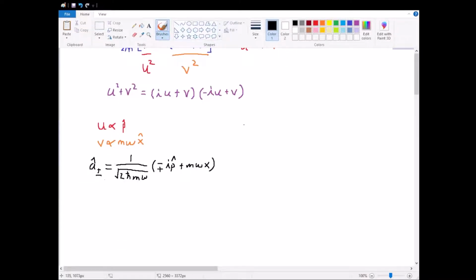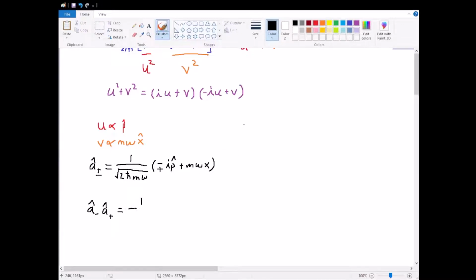So we've defined a hat plus minus as this, in analogy to the idea of u squared plus v squared being able to be written as a polynomial of iu plus v and negative iu plus v. So let's actually multiply this. What happens if we multiply a hat minus times a hat plus? This is going to be equal to, let's see, we have this factor of 1 over square root of 2 h bar m omega at the front.